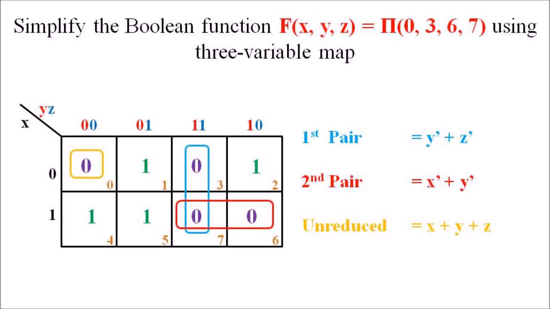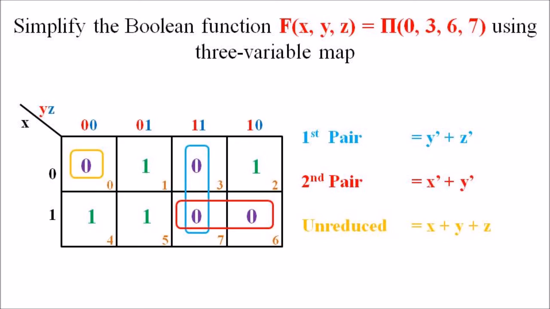Considering the y z values, since this pair lies in the third column, the values of y and z are unchanged and equal to 1, 1. That is, the value of y is 1 and the value of z is 1. In the case of a POS, if we are dealing with a value 1, then we should consider the complement of that variable.